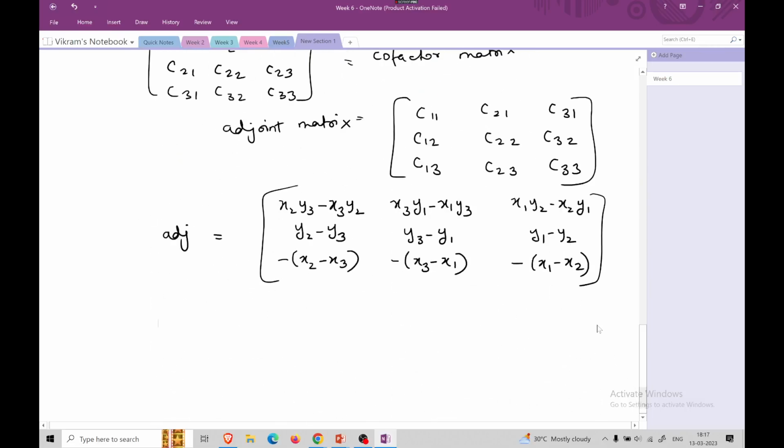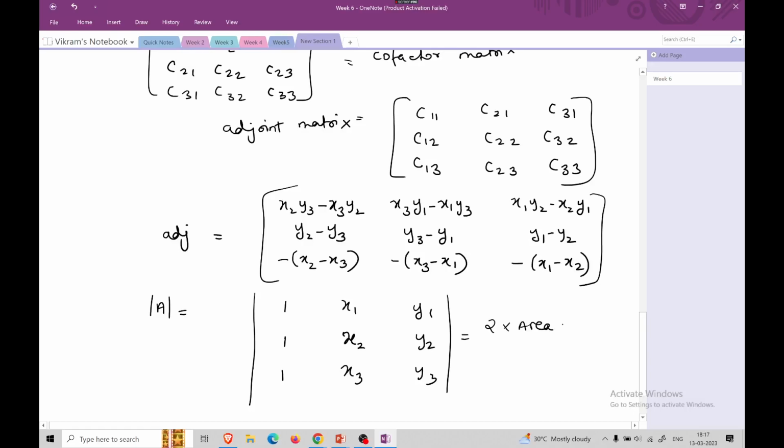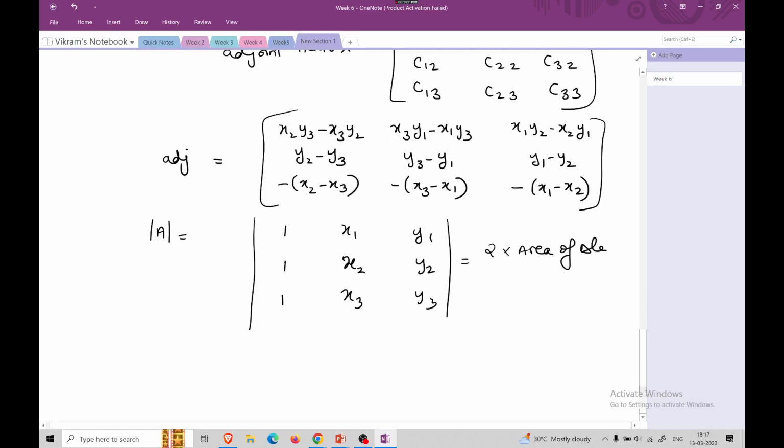So modulus of A, by Laplace expansion, this determinant will be nothing but 2 times the area of the triangle. Is it correct? Yes. So I can write this as 2a. I am making the area of the triangle as a.